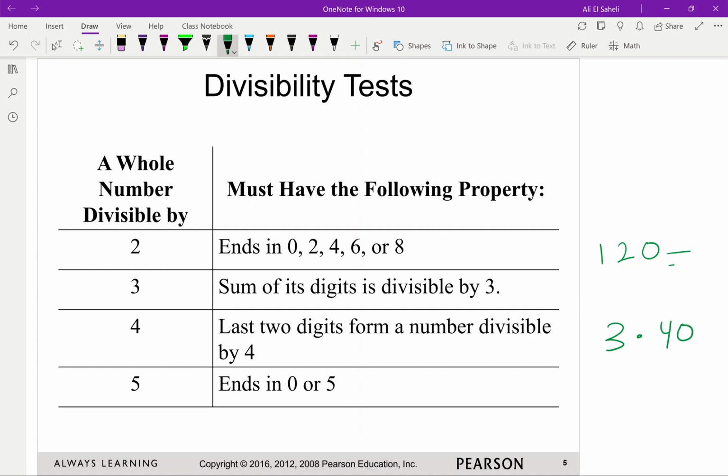So 120 is divisible by 3. Crazy number maybe, 111 is divisible by 3 because 1 plus 1 plus 1 is equal to 3. And you can write 111 as 3 times 37.